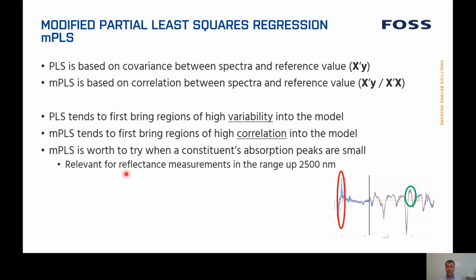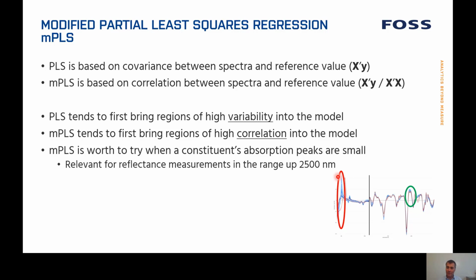And we for sure recommend to try this method if you work with wavelength ranges up to 2,500 nanometers. I have an example down to the right here from a compound feed spectral sample set. And you can see the visible part in this case has quite a high variation. These are pre-processed spectra, high variation.